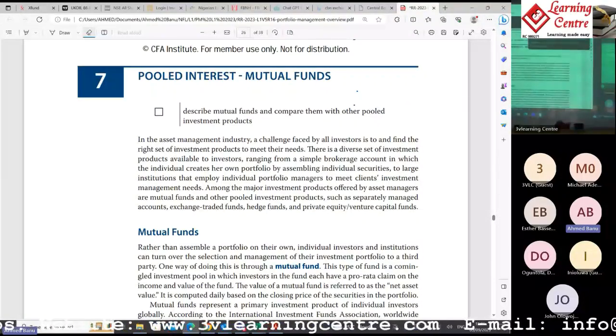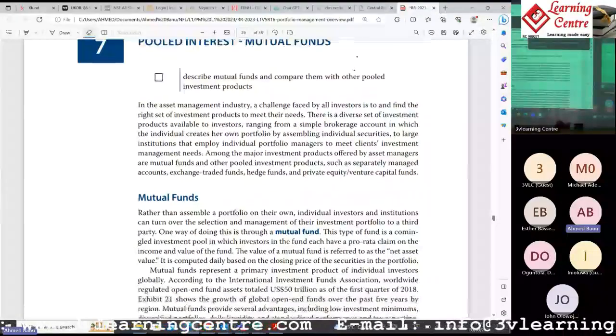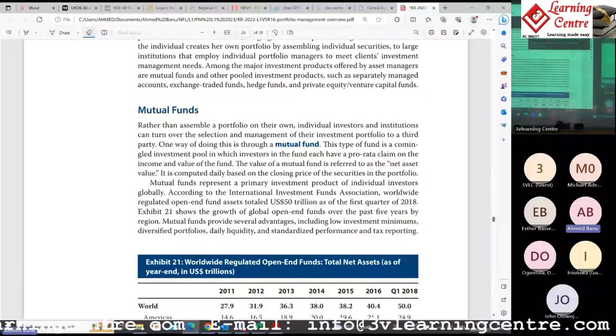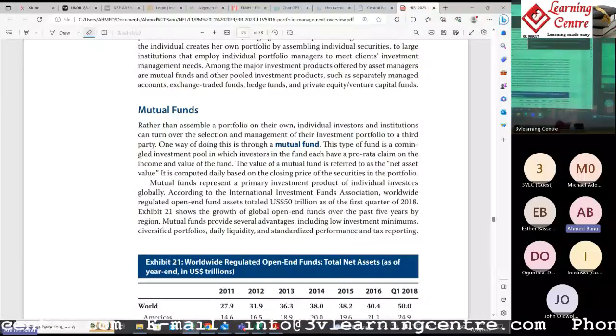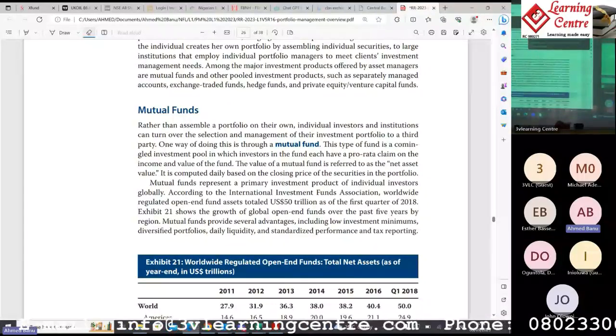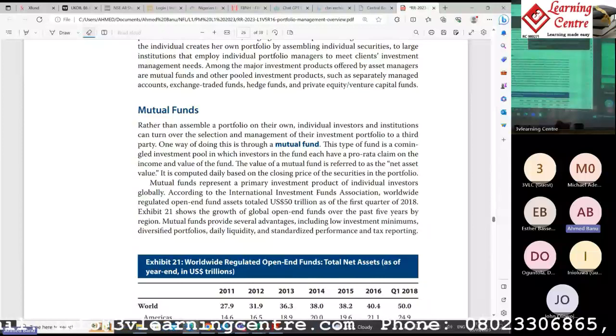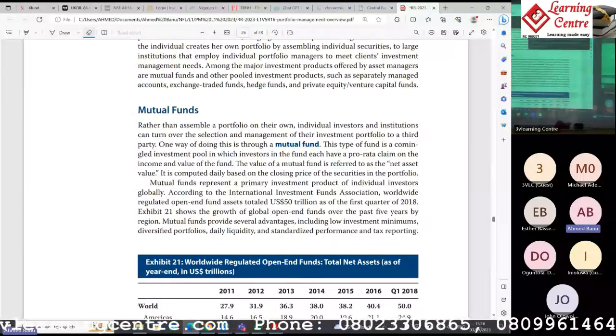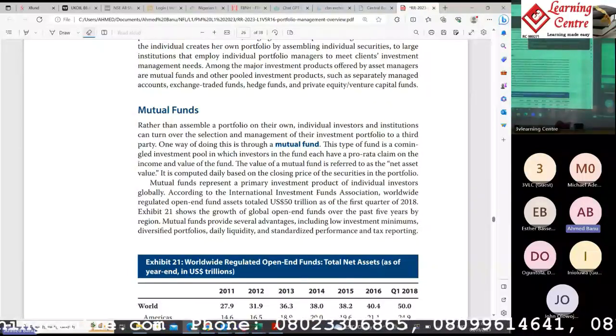In some quarters, we call it commingling, when you bring several investments together to make one investment. Over the years, we've seen several different types of investment products in that light. One predominant one, which we all know, is mutual funds.